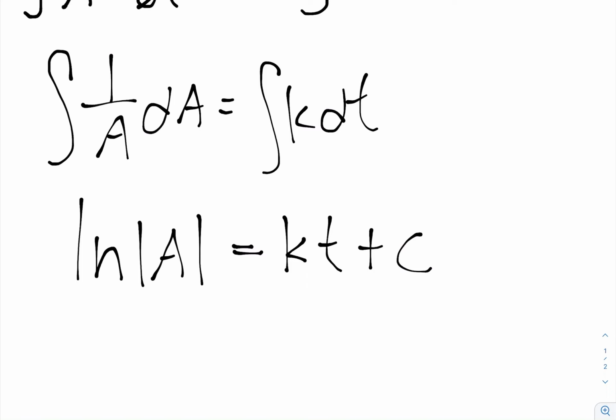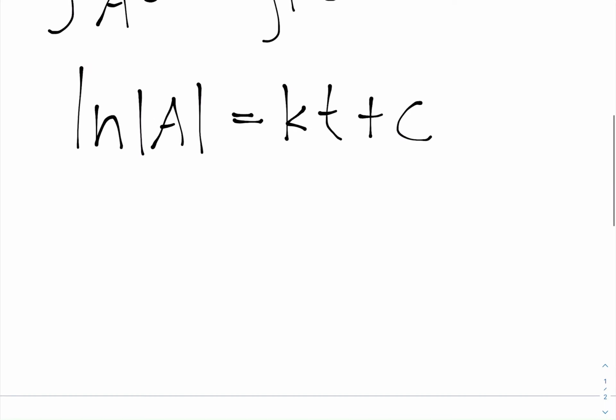Okay, so it's a few more steps here. If we want to get rid of this natural log and just solve for A, we can raise both sides to e. So if we take e to the natural log of A, this is kind of how we can simplify it here.